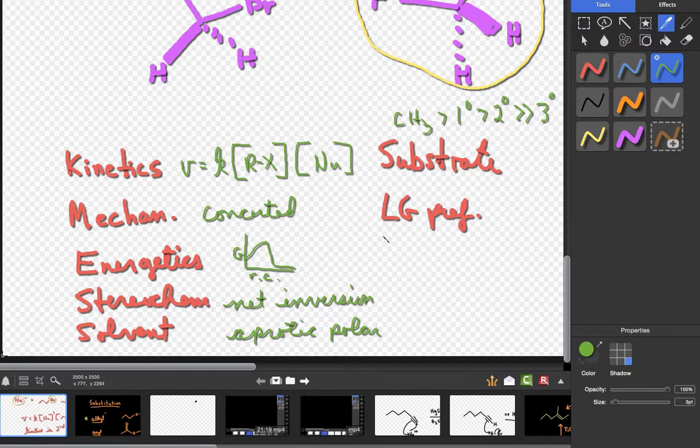And a leaving group preference, iodide is better than bromide, is better than chloride, is better than fluoride. Now there are other leaving groups we can have, but the chemistry of SN2 and SN1 is intricately tied to the chemistry of alkyl halides. They are typically our classic examples.